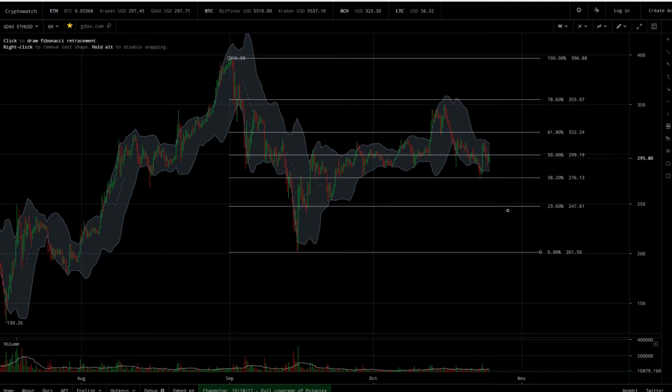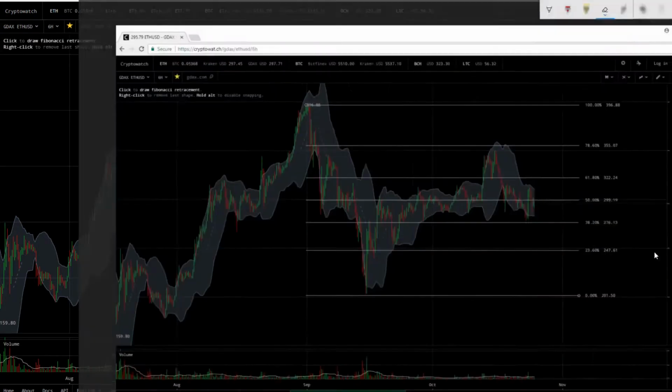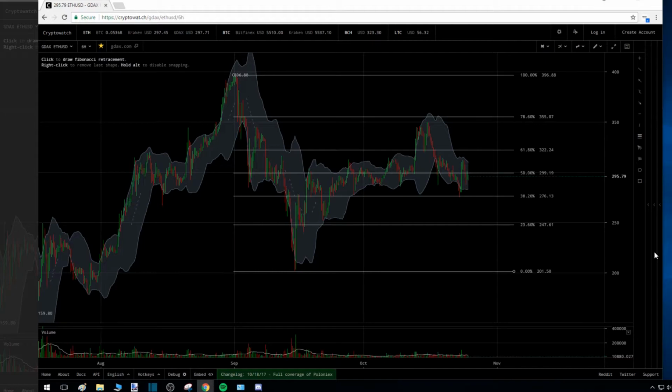All right, aha. Now that we look in a little closer, we actually see that we're testing resistance, 50% resistance of this little bear run right here. So we're in the process of retracing it, and now we see we're finding resistance on the 50% line.